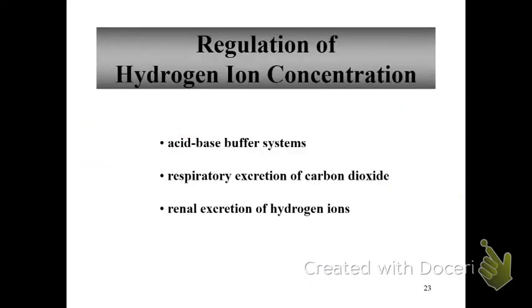Okay, so this slide is just showing you acids. You got an acid-base buffer system. So that's going to be your buffer. Excretory system with respiration. So excretion of breathing. And then your renal. So those were the 3 we just listed.